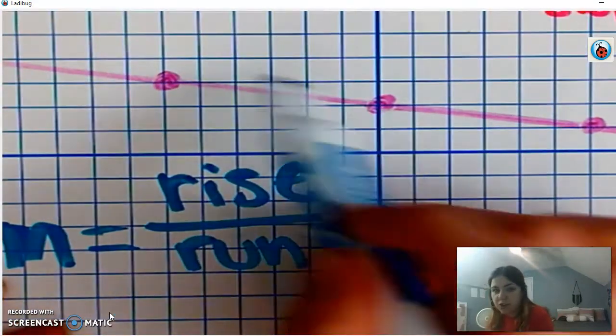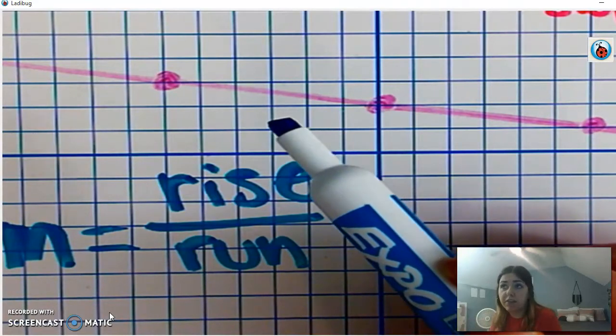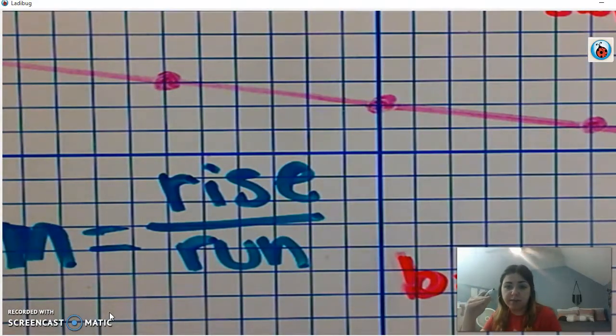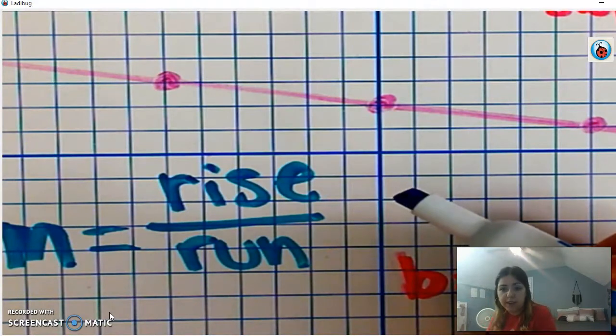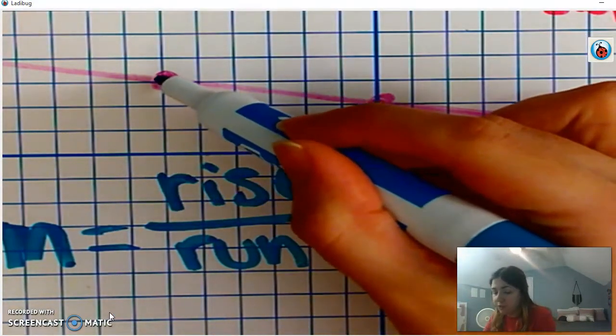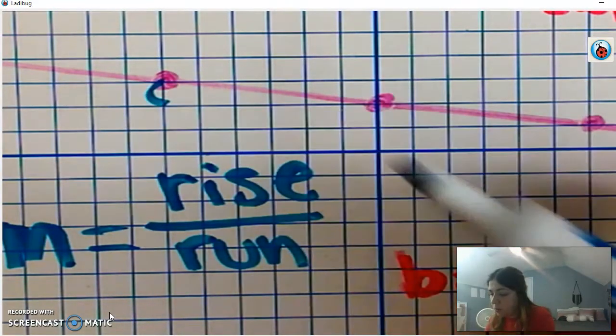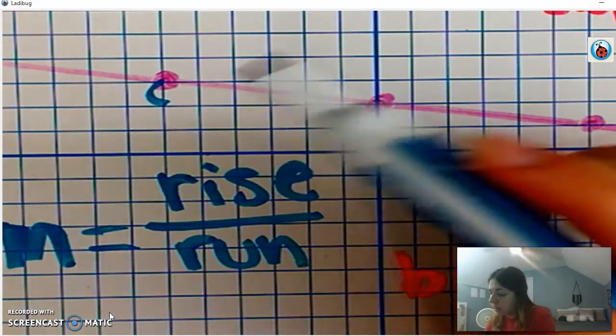So if I pick these 2 points right here, rise is going to be me going up or down, all right? That's how I'm rising. So to go from this point to this point, I have to go down 1, all right?